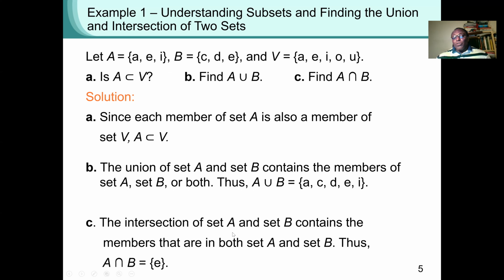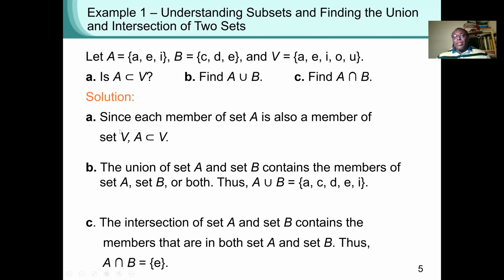Intersection means we want to look for only the elements that are common in both A and B. When we look at A and B, we have only e. There's e in B and there's also e in A. So the intersection of A and B will be only e. Now, if there's no element in common, then we say the intersection of A and B is 0, or empty.